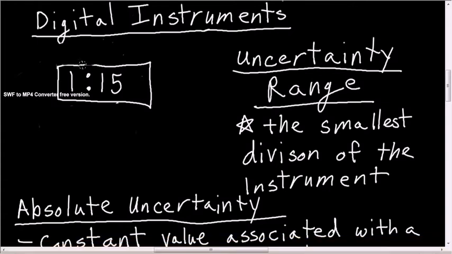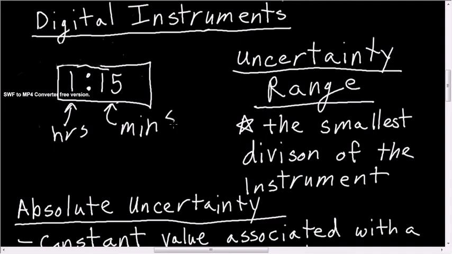So for example, if we have a digital clock like I have here, and let's say this is hours, and let's say this is minutes, I would say that the time is 1 hour and 15 minutes plus or minus.